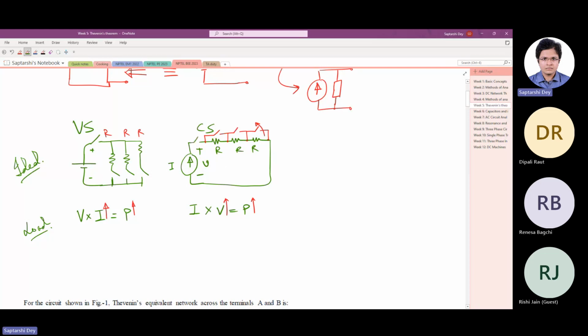Why? Because the definition of a current source says that whatever the situation might be, the current must be constant. Now, if you keep a switch here and keep it open, you're basically violating KCL. So you cannot violate KCL, right? But what will the problem be? That we will understand better when we look into the real current source.